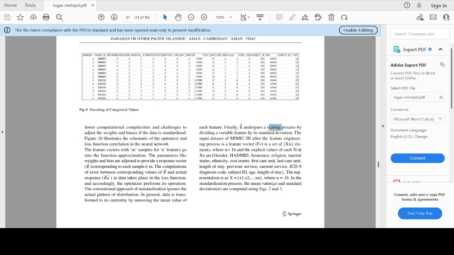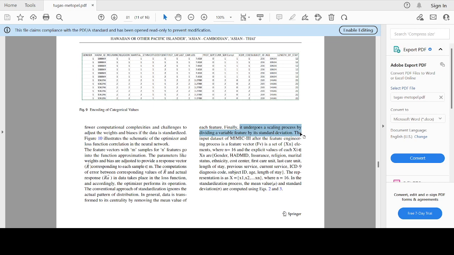Okay, so there is a scale process. Some algorithms in machine learning require scaling, some maybe do not, and it doesn't affect the accuracy.